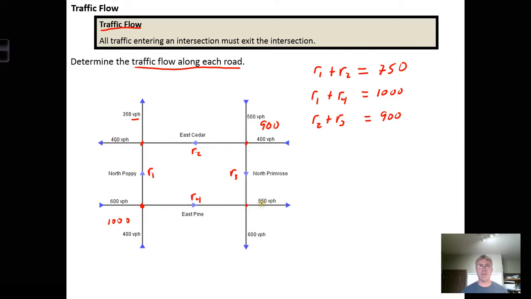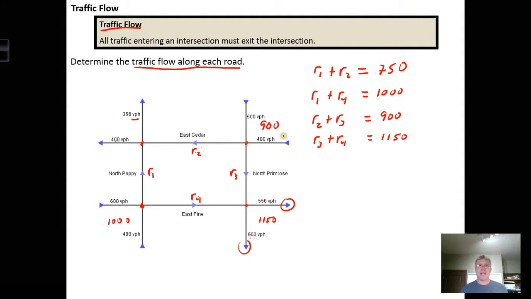And here we have 1,150 vehicles per hour flowing out. Road 3 and road 4 feed into it, so the total cars per hour from road 3 and road 4 have to add up to the 1,150 vehicles per hour flowing out.